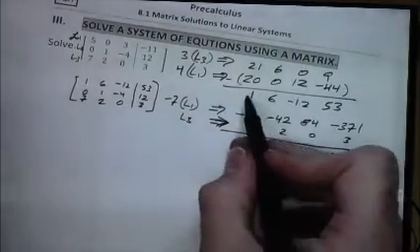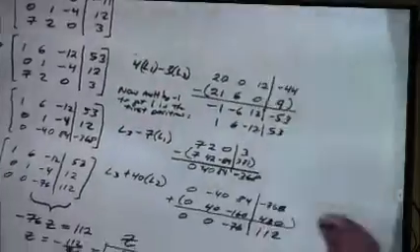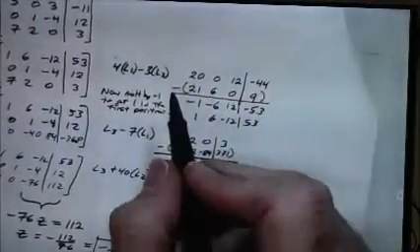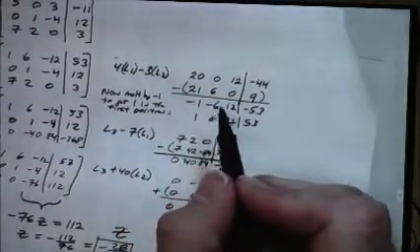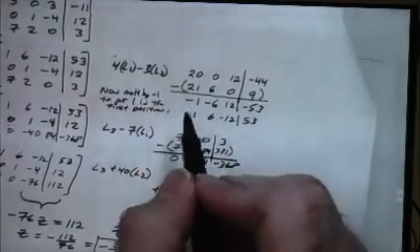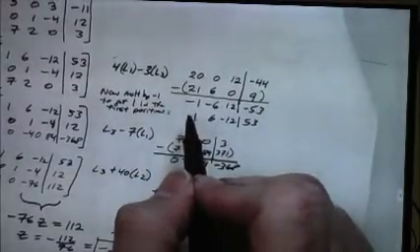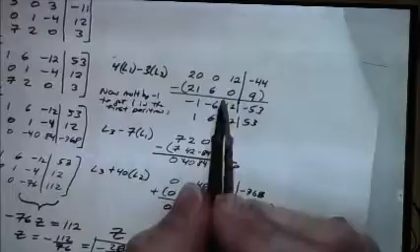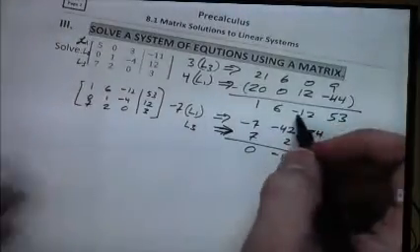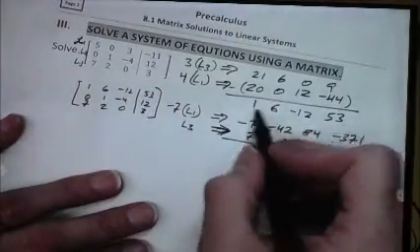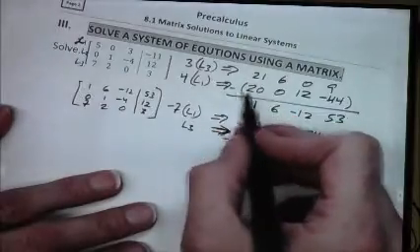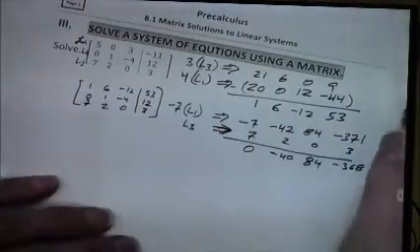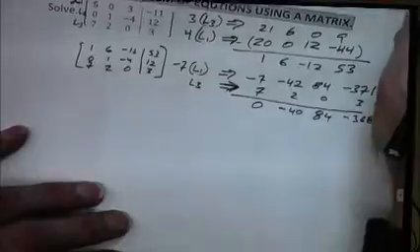Like on the first one, I ended up with positive here. If I had done it where I had the 21 underneath and subtracted, I would have had a negative for that, and then multiplying by -1 for everything would have made it positive. So I avoided that this time by setting it up so I would subtract and get the positive in the first place. But this shows that there's multiple ways to do this.